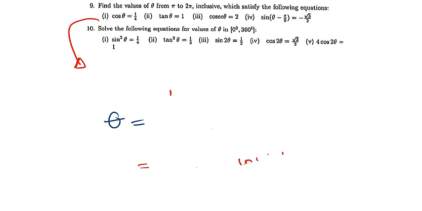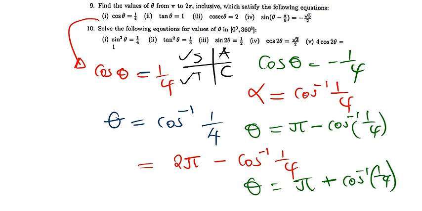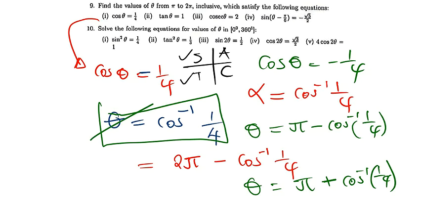So I've shown you both cases. Now they want you to find answers specifically between pi and 2 pi. So if I bring you back, it means this one doesn't qualify to be an answer for the first one due to the range. So the possible answer for the first one will only be this.